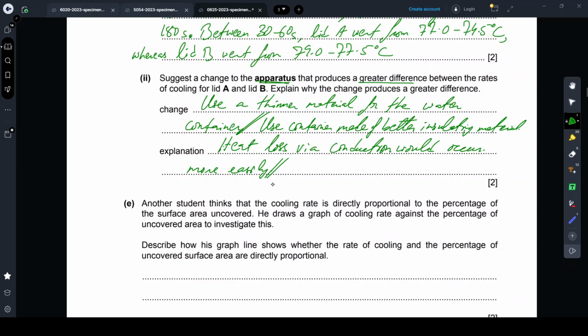A better insulator reduces the background heat loss from the sides and the bottom of the container. Right, so it reduces background heat loss. Okay, all right.